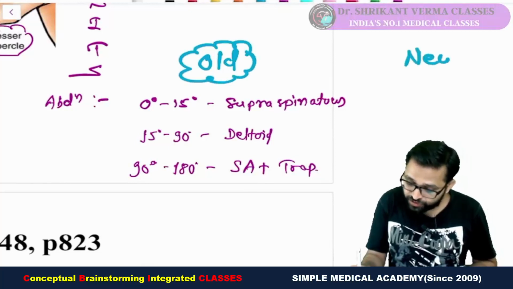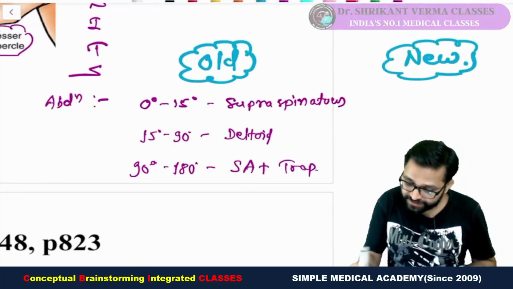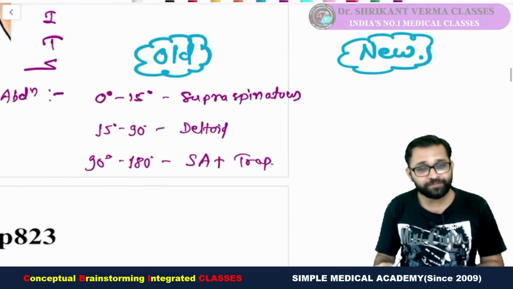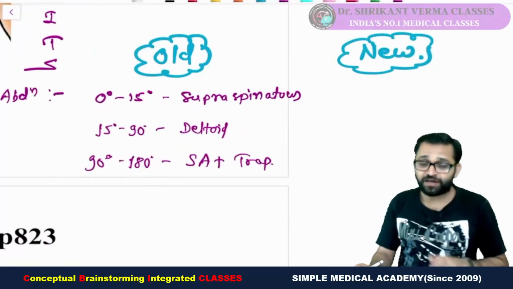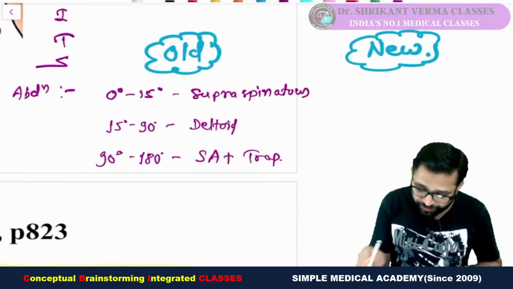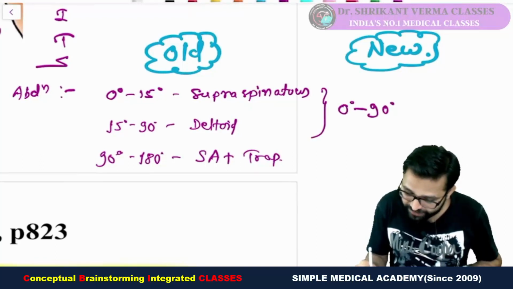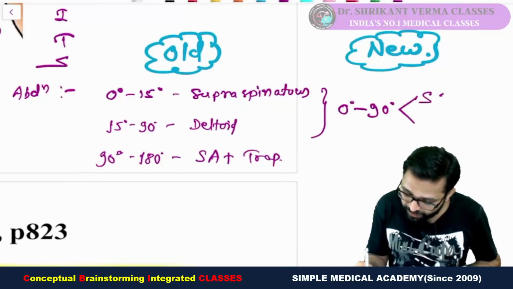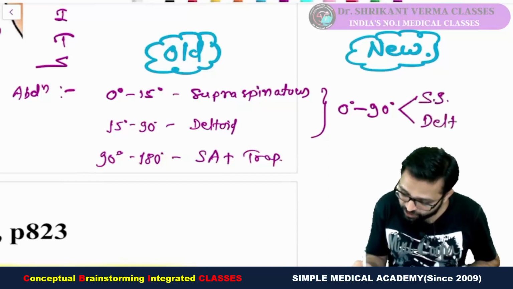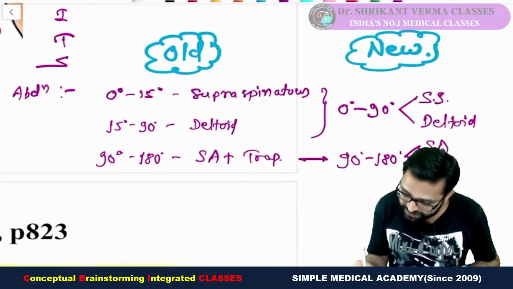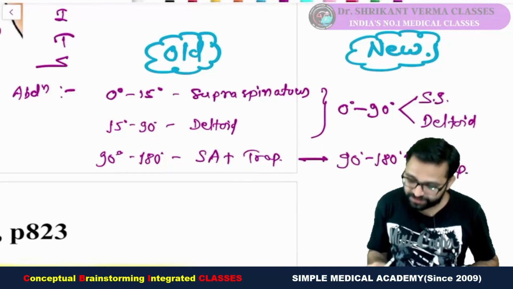Now the new theory, what it is saying, yes, this is the update. Remember this one, published in Gray's Anatomy. What you have to remember is that 0 to 90 degree movement is done by the supraspinatus and deltoid, and 90 to 180 degrees is performed by the serratus anterior and trapezius.